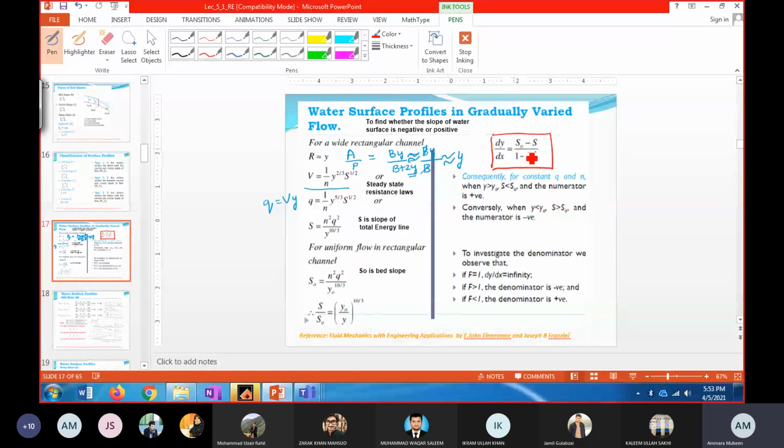To get the sign of the numerator, you'll be using this equation, S over S naught.